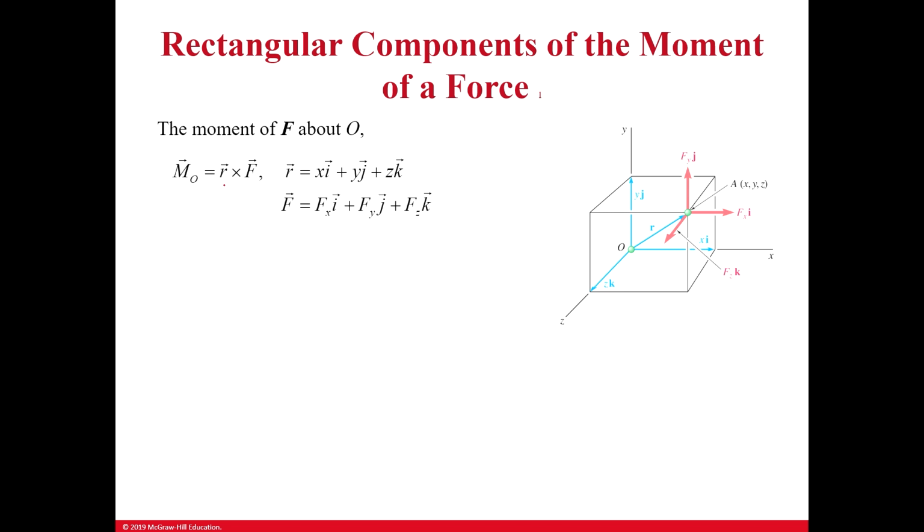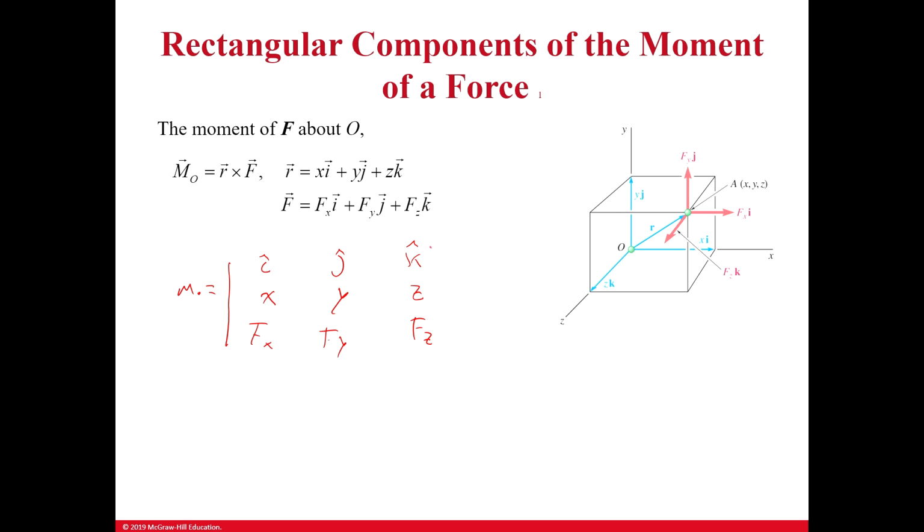Then the moment is the cross product of r and F, and we know that that looks like this: i, j, k, the distance x, y, and z, and the force Fx, Fy, Fz.